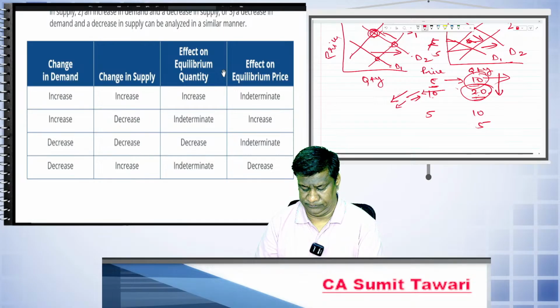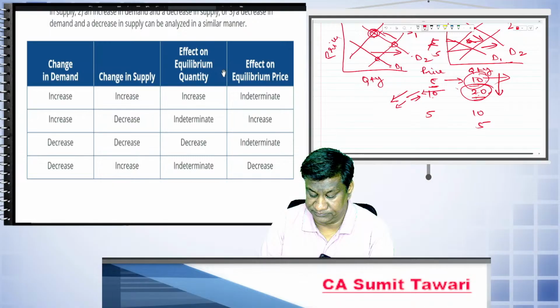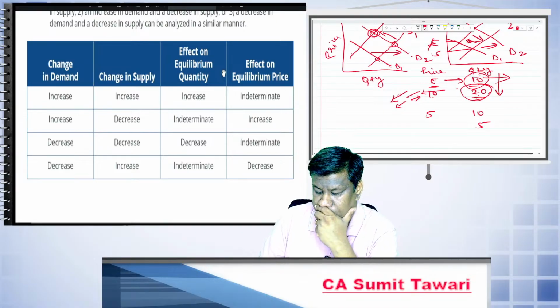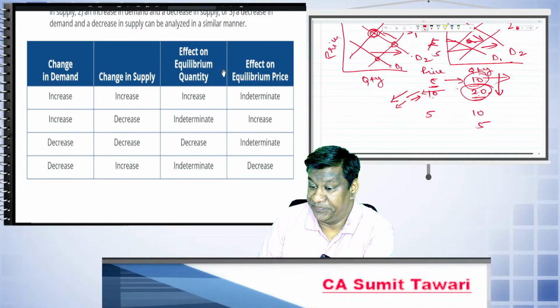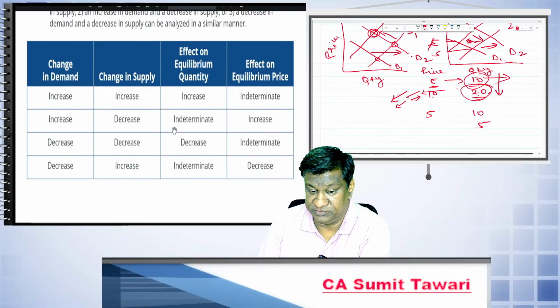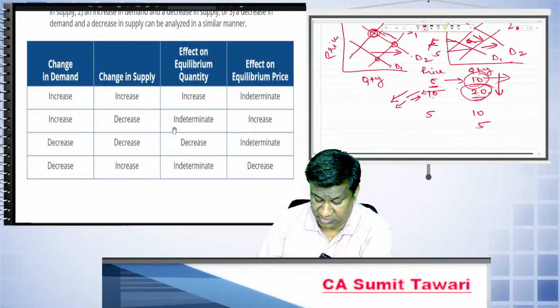What will happen about the quantity, sir? Quantity is definitely going to increase. So then you are telling that buyers and sellers are in balance. Like both are willing to buy more quantity, and the supplier is also willing to supply more quantity.